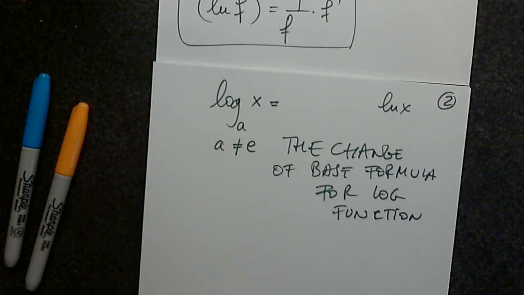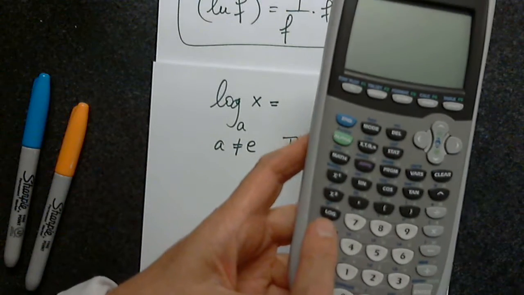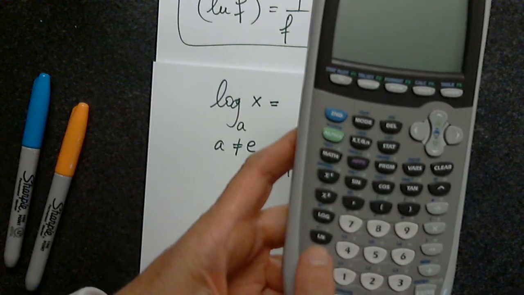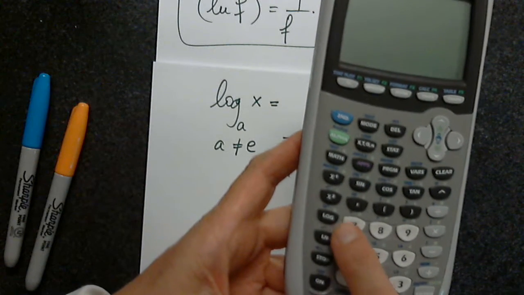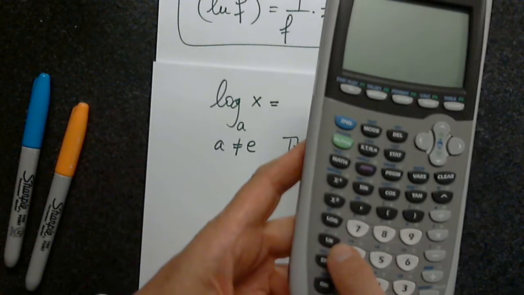In the old calculators, we did not have the option of putting the base in. So the calculators have log and they have ln. But log with no base means base 10, and ln means base e.